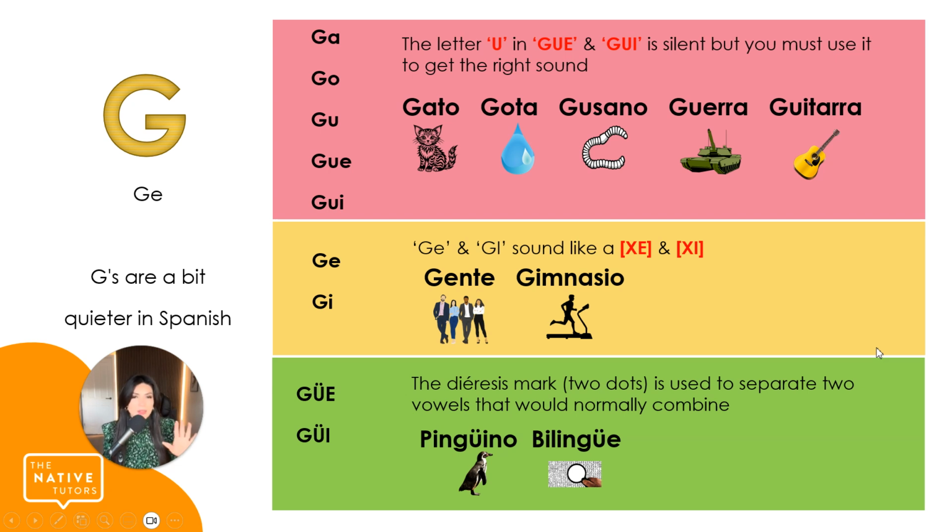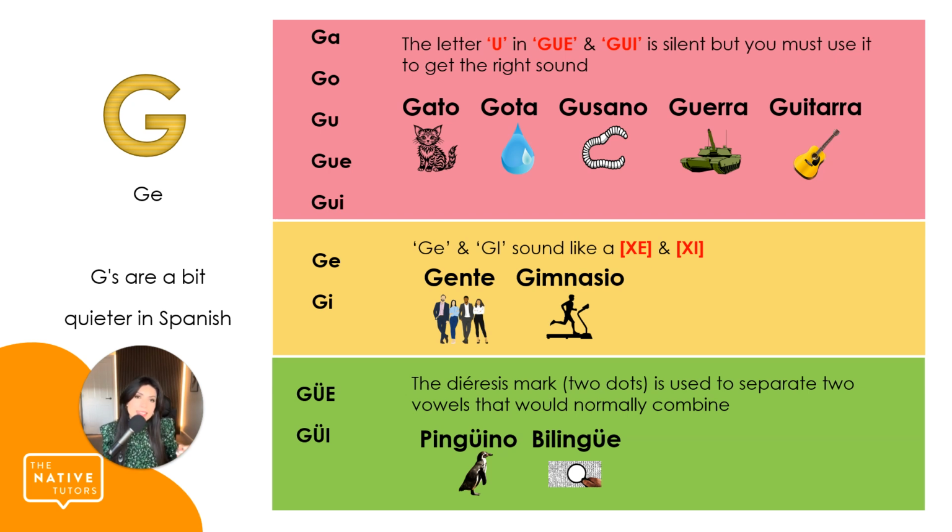Now, please don't hate me when I tell you this, but remember the rule that I just told you, that you have to make sure you don't pronounce the U between G-U-E and G-U-I? Well, ignore that. We have an exception. If you come across G-U-E, G-U-I, and you see that the U has two dots on top, that symbol is called a diéresis mark.